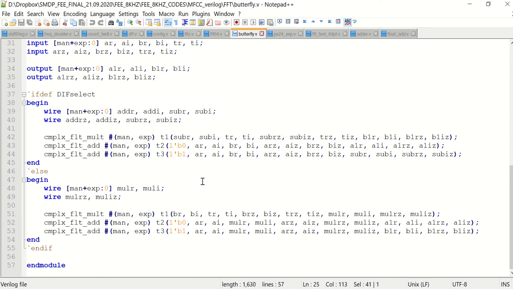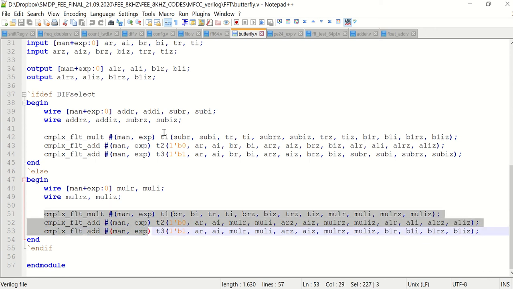The difference is that in DIT, one of the inputs, let's say B, is multiplied with the twiddle factor, and that multiplication result is either added to or subtracted from the actual values A and B. The mode bit of this complex float add specifies addition if it is 0 and subtraction if it is 1. Complex floating point addition means the real parts are added and the imaginary parts are added. This is for the DIT butterfly.